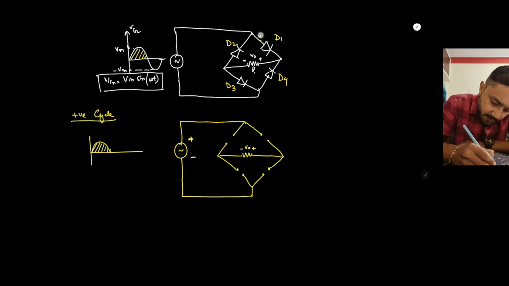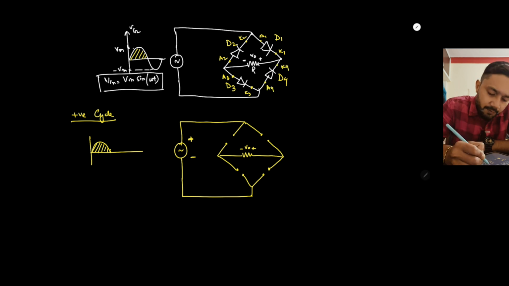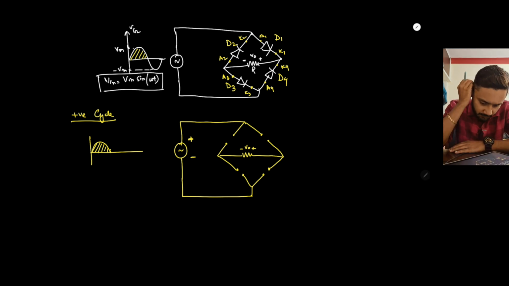Suppose this is the anode of diode 1, the cathode of diode 1 here. This is the cathode of diode 2, this is the anode of diode 3, the cathode of diode 3, the anode of diode 4, the cathode terminal of diode 4.